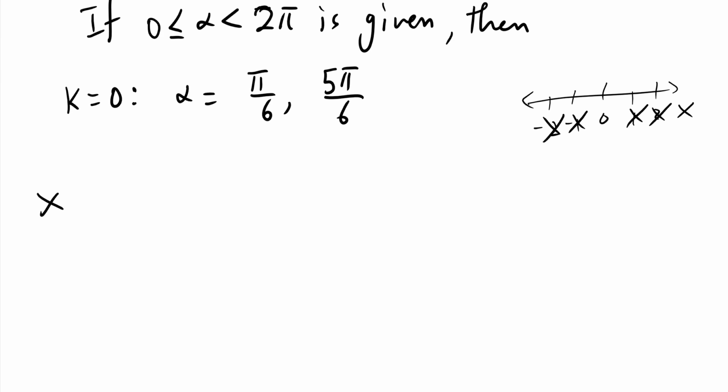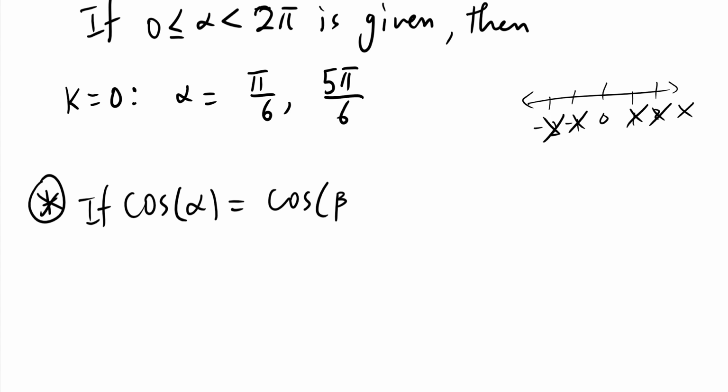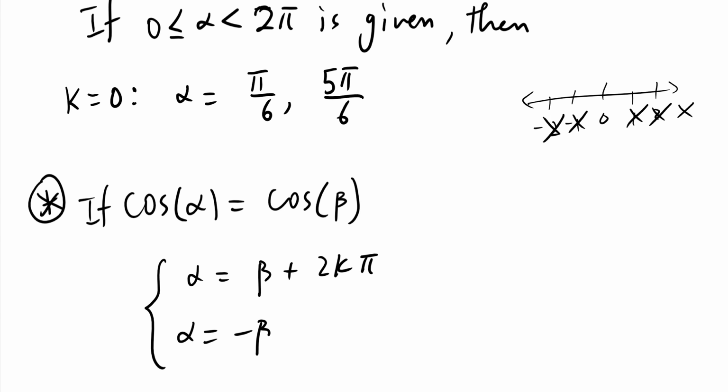Now for the case of cosine, there's also the same method. If we are given cosine alpha equals cosine beta, then alpha is going to be beta plus 2k pi, the same way as in sine, or negative beta plus 2k pi, k an integer.